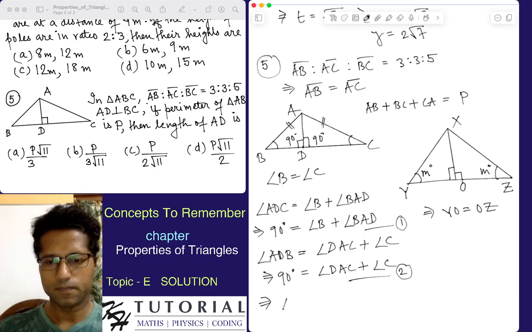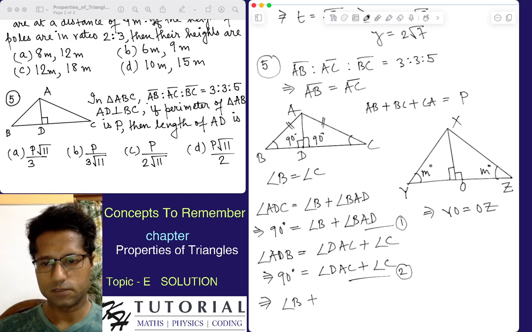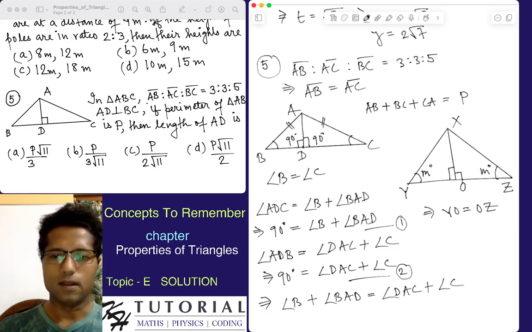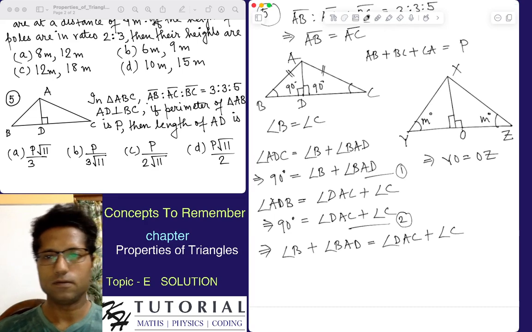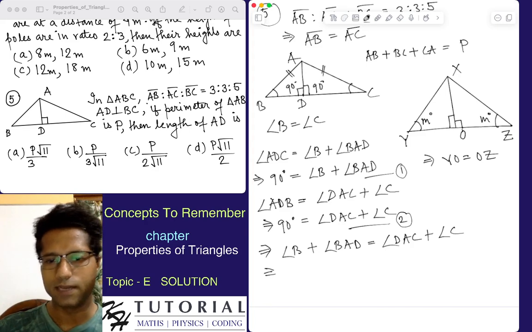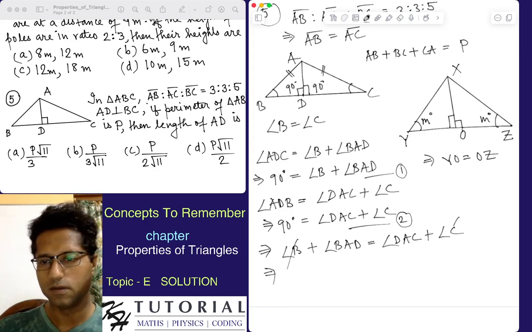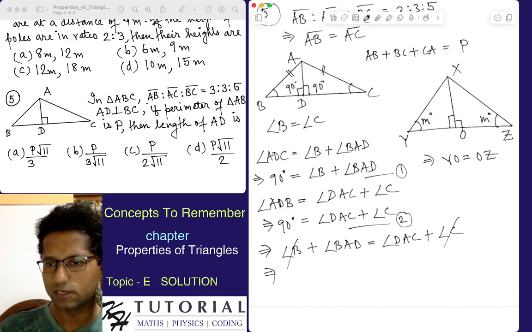So we can say angle B plus angle BAD is equal to angle DAC plus angle C, and we have already found that angle B is equal to angle C. So we can cancel both angle B and C from either side, because they are equal.